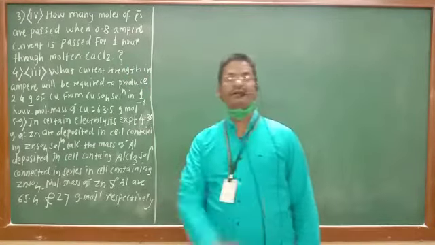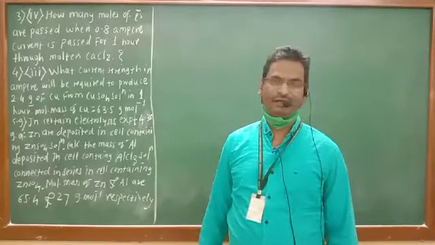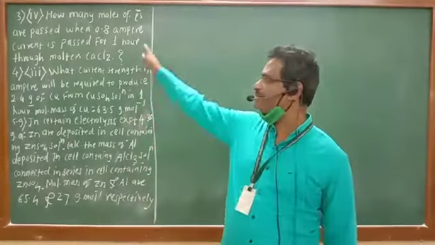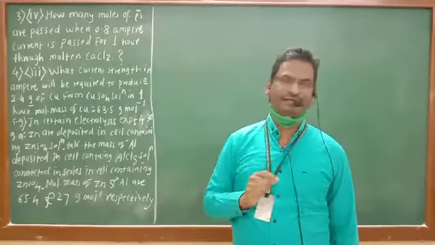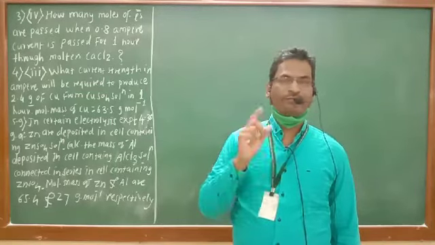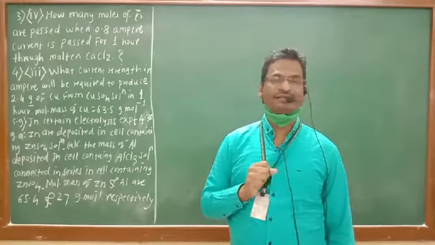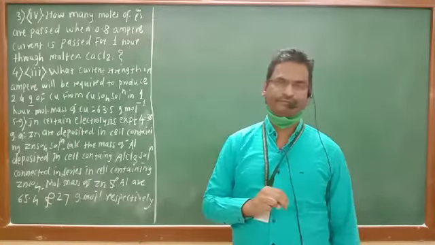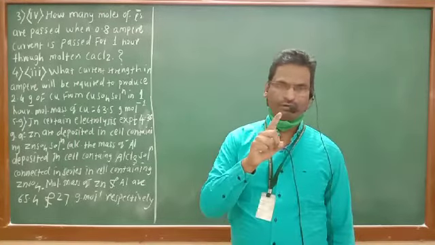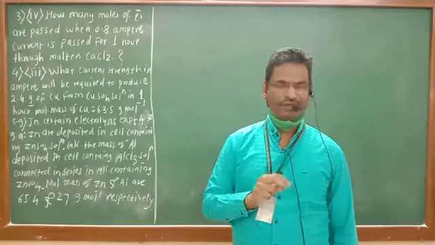We know the quantity of electricity. This problem is based on quantity of electricity and moles of electrons. We know the quantity of electricity is expressed in two units, Coulomb and Faraday. What is Coulomb?